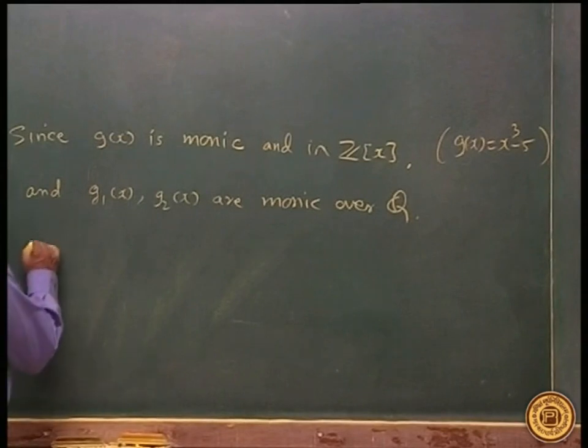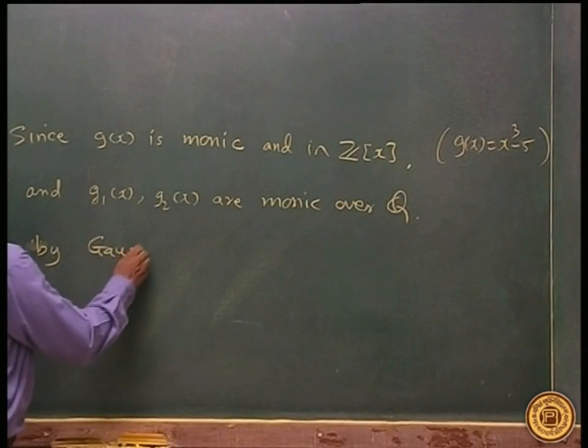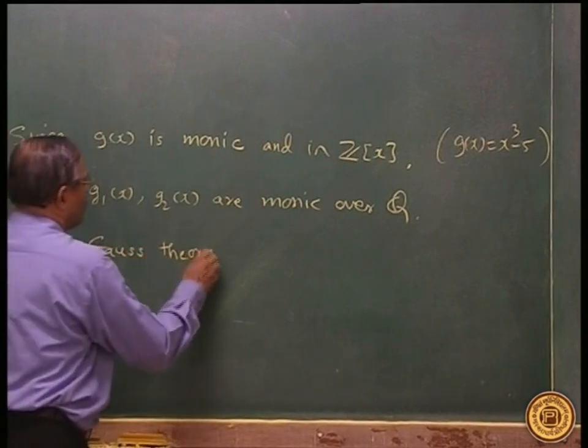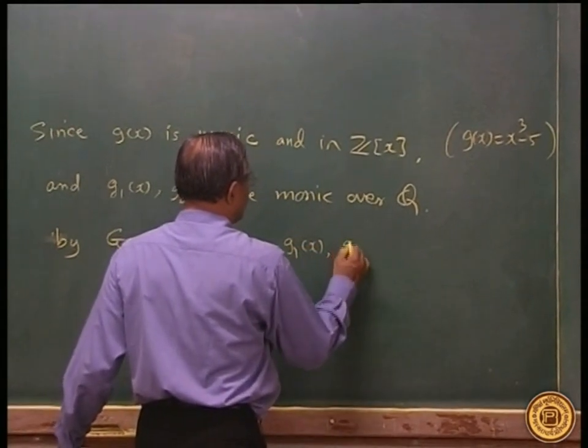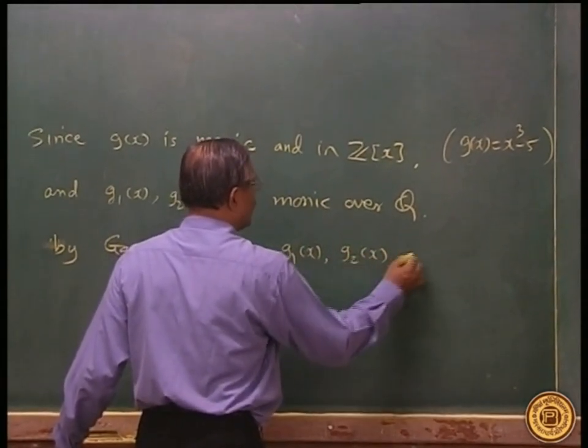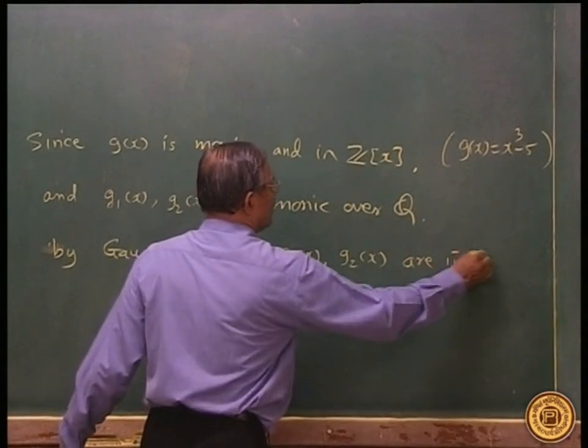What do you get? By Gauss theorem, G1x, G2x are in Zx.